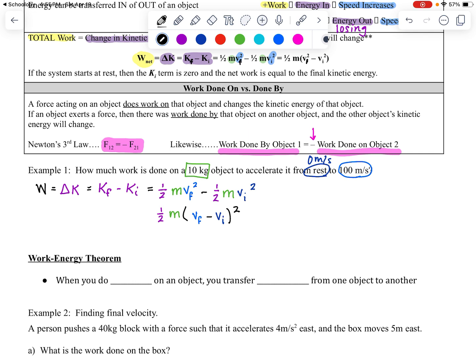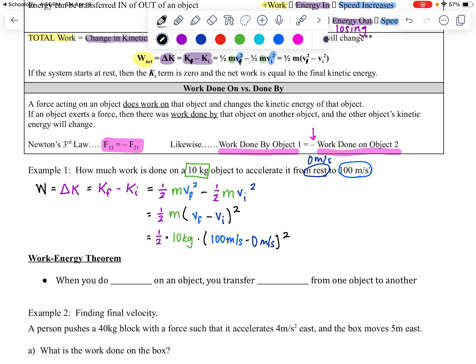That seems pretty easy. So let's plug in our numbers. We're going to take 1/2 times our mass, which is 10 kilograms, times, in parentheses, my final velocity is 100 meters per second, minus my initial velocity, 0 meters per second, and we're going to square it.